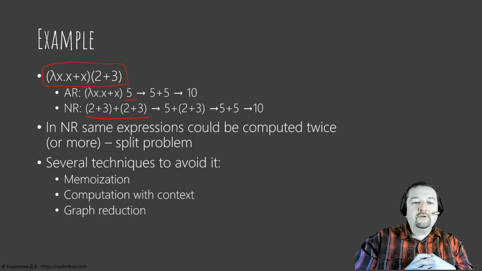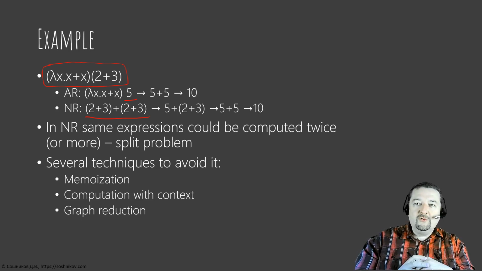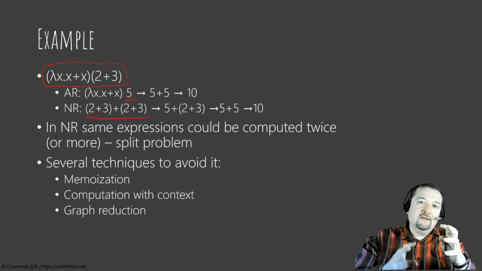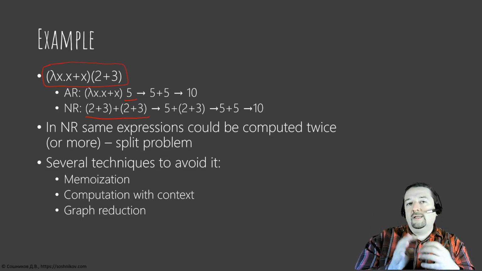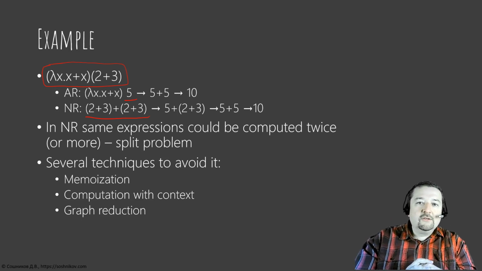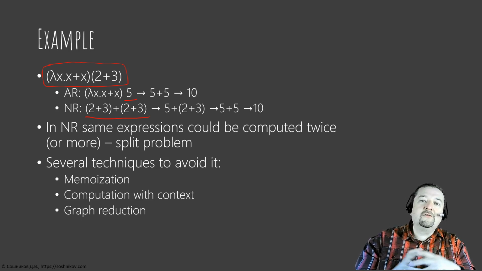This is an important notion, which is called the duplication problem, because if we have an argument which is expensive to compute, and if we do the substitution, putting it inside the function in the uncomputed manner, it can result in several computations, because this argument can occur in several places inside the function, which is quite likely, because normally if we pass an argument, we use it several times inside the function. So this is not good in terms of performance. It will arrive, of course, at the same result, but in terms of performance, we would end up doing the same computations again.